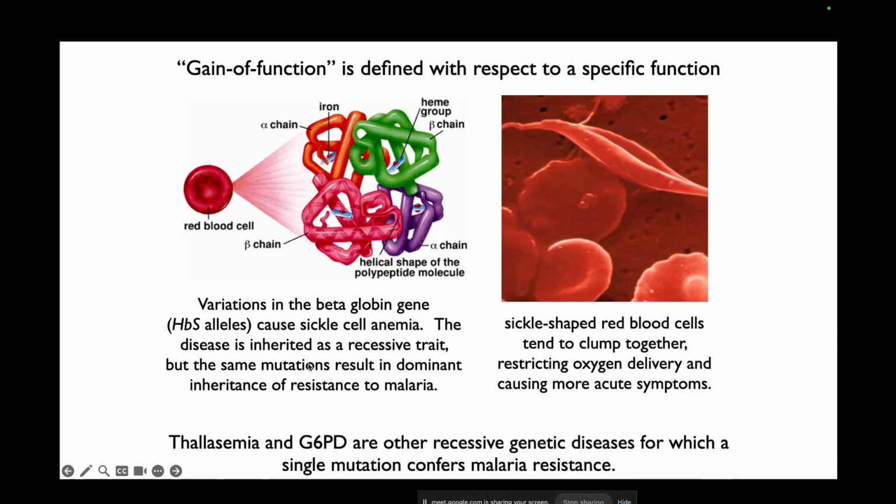The disease is inherited as a recessive trait, but the same mutation results in dominant inheritance of resistance to malaria. Now think about it carefully. What is malaria? Malaria is a disease caused by a virus, if I'm not wrong, Plasmodium vivax. I might be wrong on that, but it affects the red blood cells in the body, right?